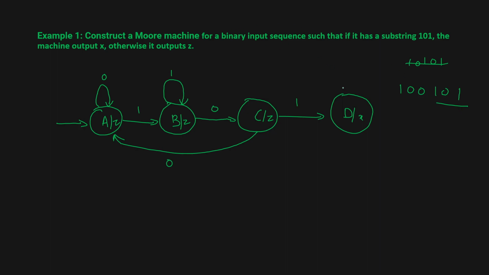Okay, and what happens in state D? Let's say you're in state D, you get 0. What happens then?